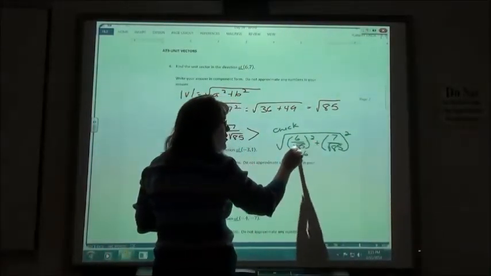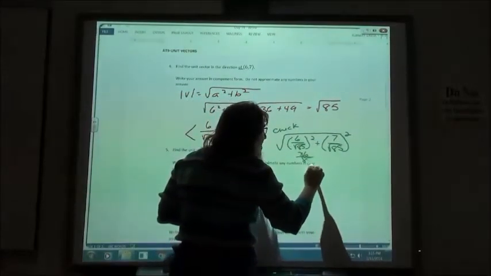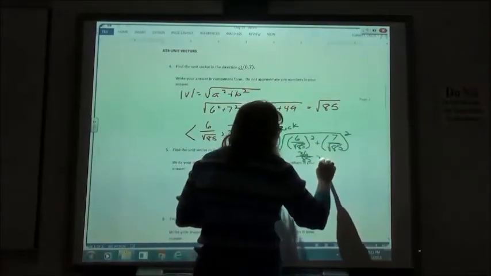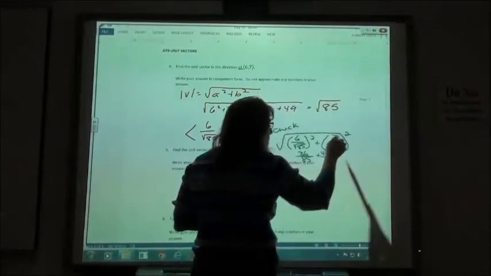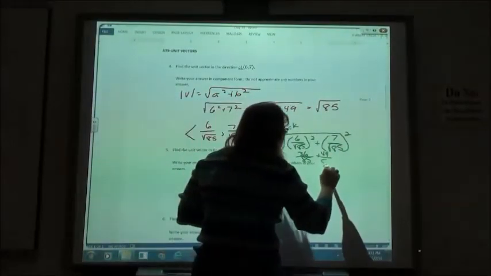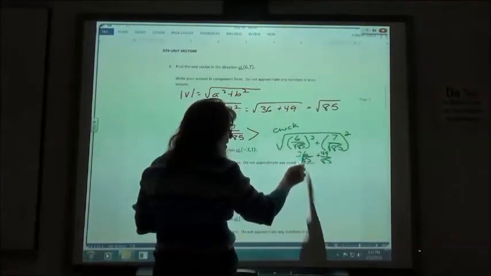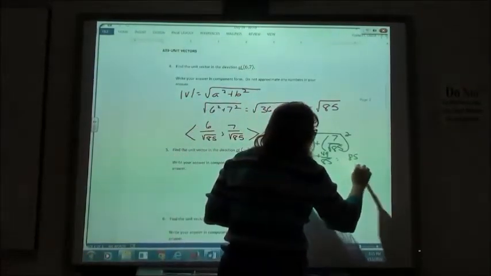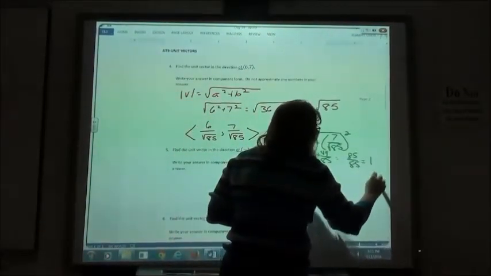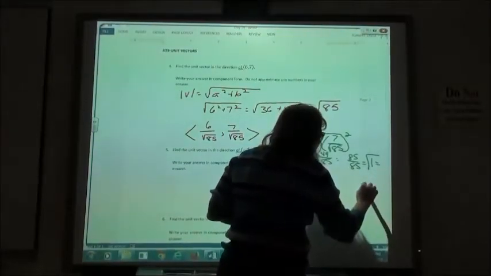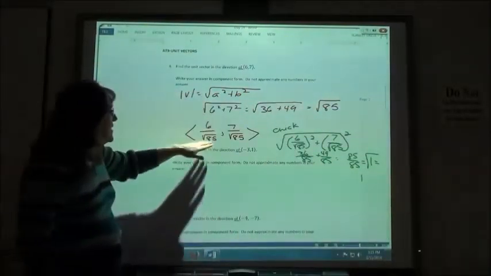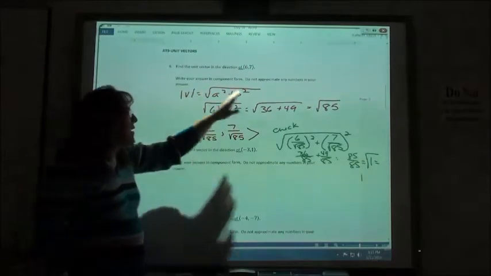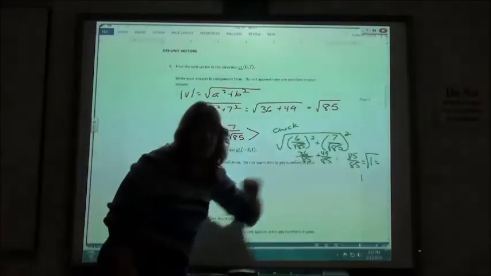When I square the square root of 85, it just stays 85. 7 squared is 49. Again, when I square the square root of 85, I get 85. 36 85ths plus 49 85ths would be 85 85ths, which is 1. And the square root of 1 is still 1. So yes, this indeed is a unit vector. When I find the magnitude, I get an answer of 1.